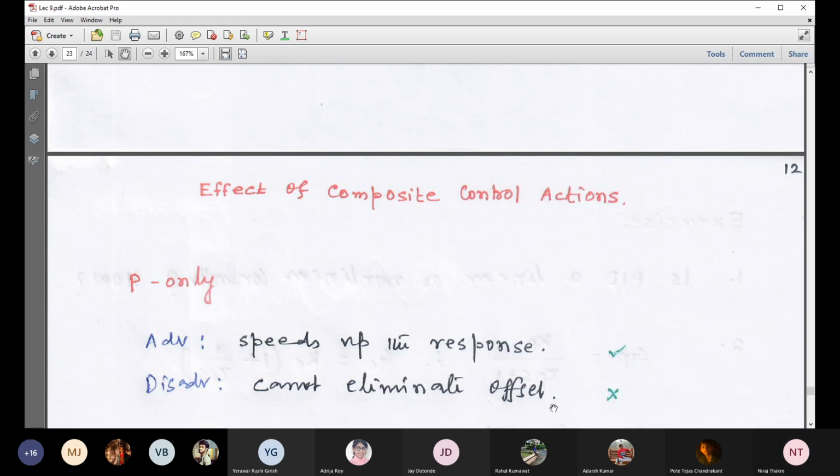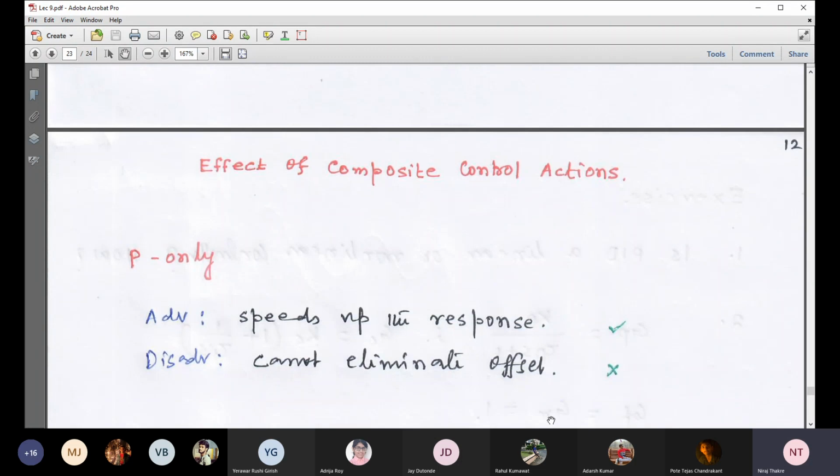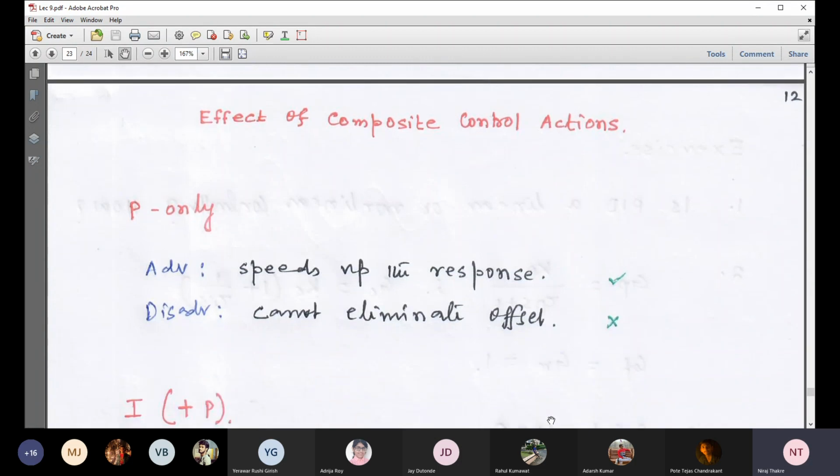Proportional action speeds up the response, but the drawback is it cannot eliminate the offset. So what action were you suggesting? Anyone? Student: Sir, integral action. Yes, integral action. Now let us go to integral action.